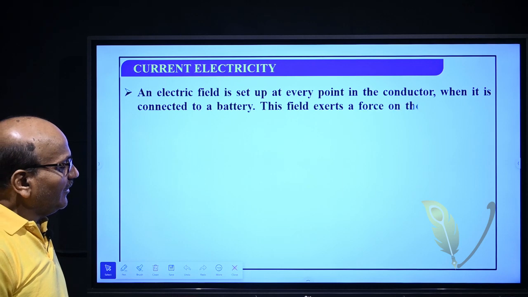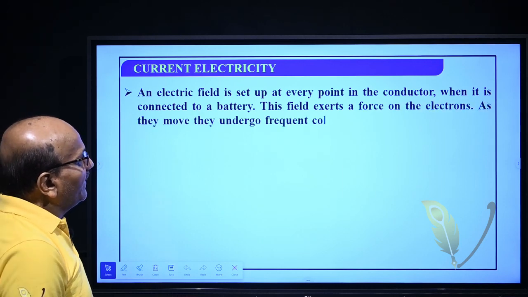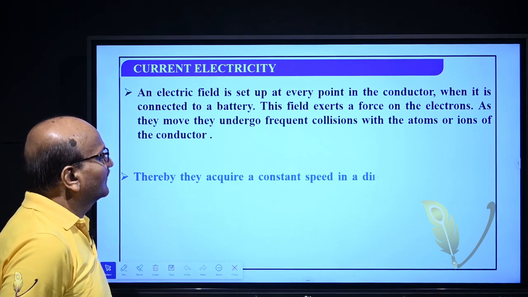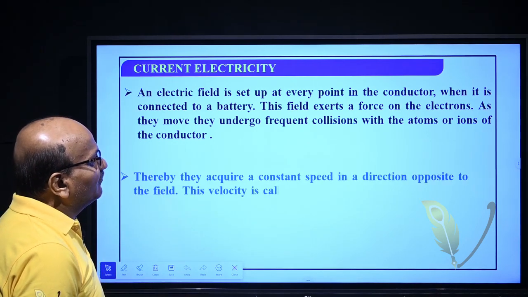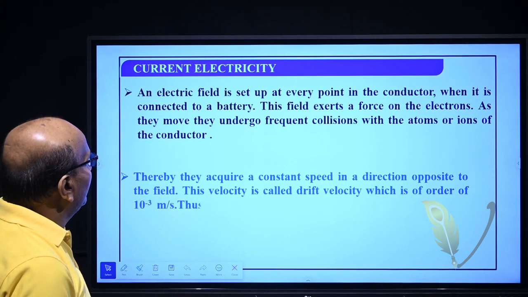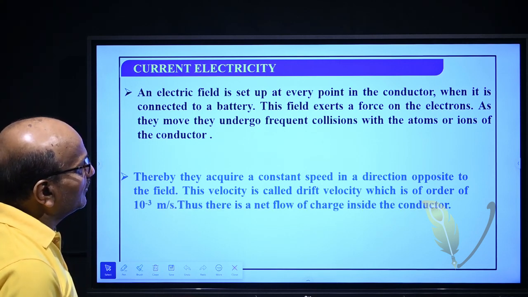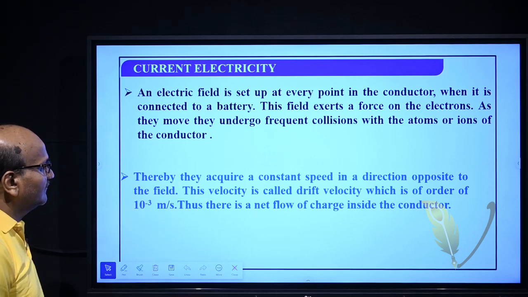An electric field is set up at every point in the conductor when it is connected to a battery. These fields exert a force on the electrons. As they move, they undergo frequent collisions with the atoms or ions of the conductor.